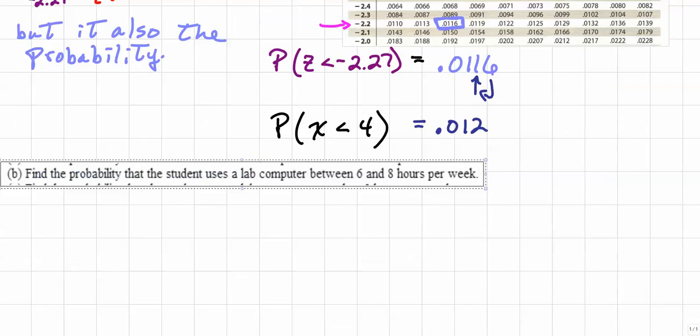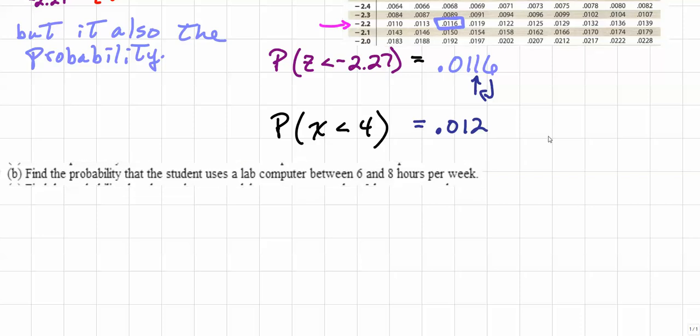All right, the next part of the problem states, find the probability that a student uses a lab computer between 6 and 8 hours per week. This is going to involve finding 2 different z-scores. We will need to find 2 z-scores, and we will need to subtract the area under the curve for the lesser z-score from the area under the curve for the greater z-score.